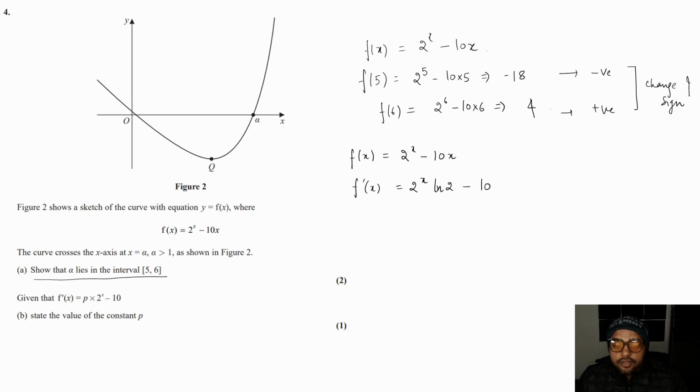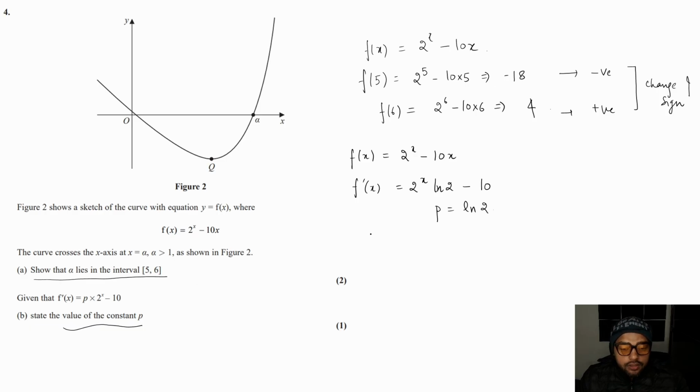I have even made a complete playlist on the differentiation part, so you can have access to that too. So we need to state the value of the constant p. They have given p cross 2 raised to x in the question itself, so here we can say the value of p will be equal to log of 2.